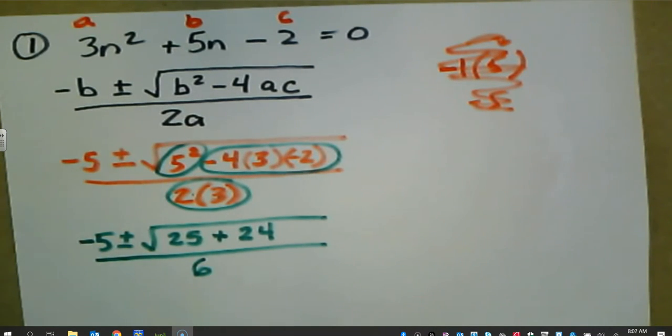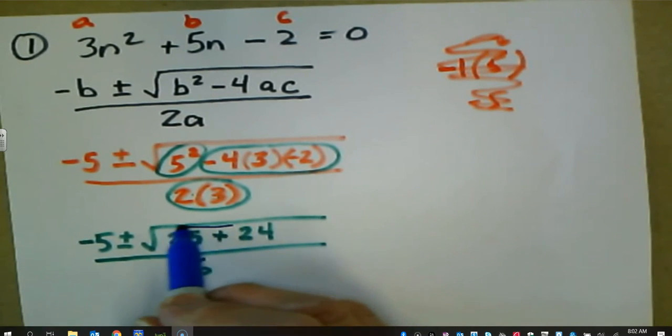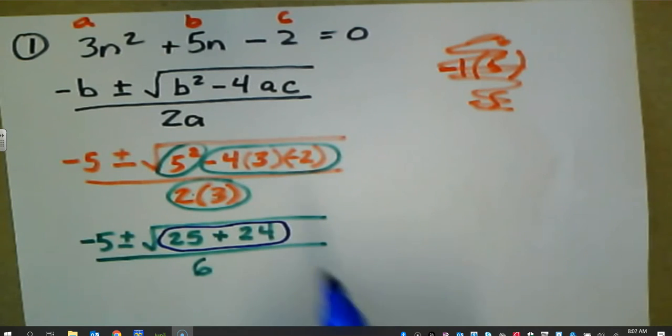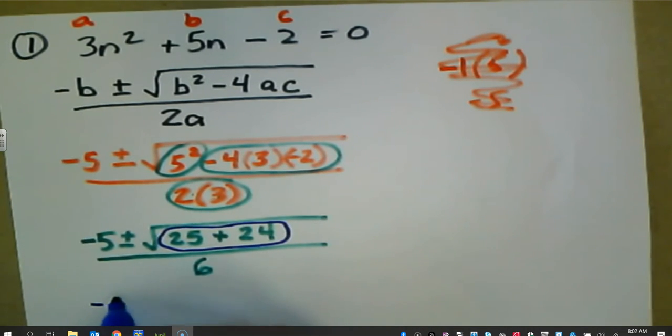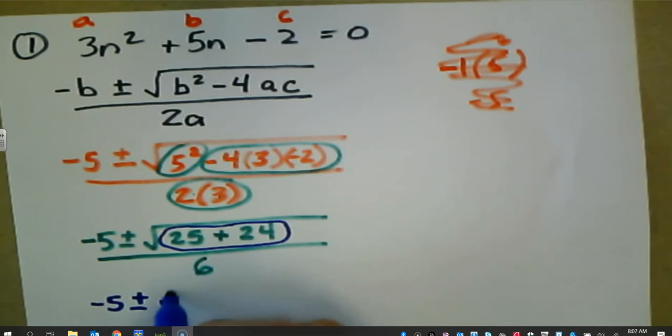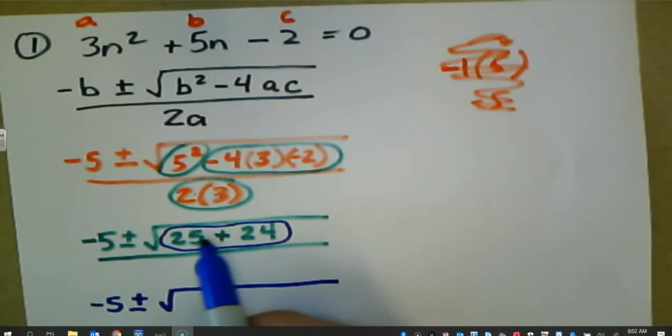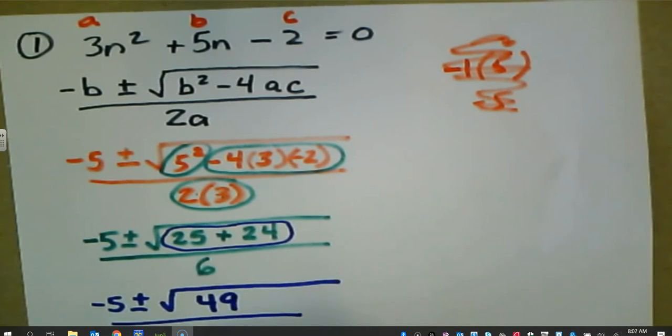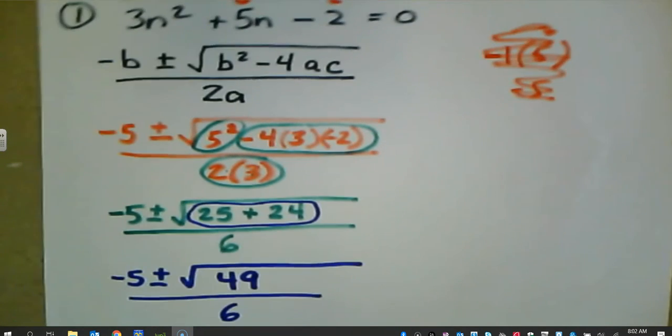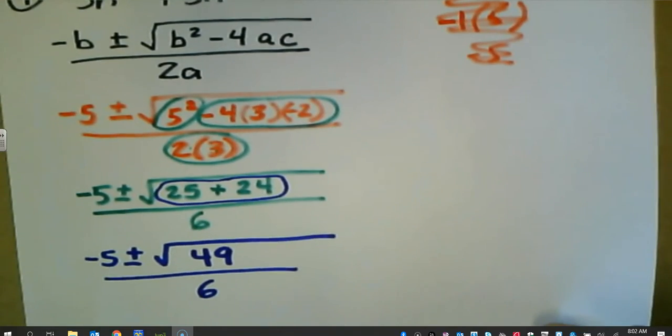Now, we're not done because we need to fix this part on the inside. So what am I going to do? -5 plus or minus the square root, and 25 plus 24 is 49. And it's all over the 6.